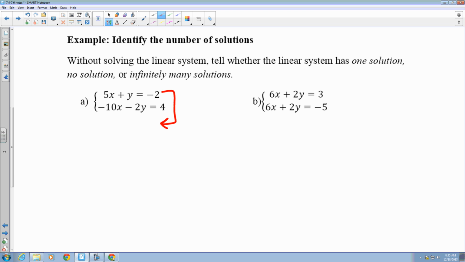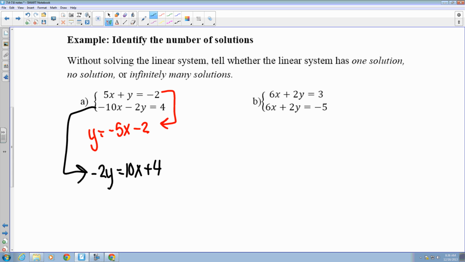So the top one, I'm just going to subtract that 5x and it's going to be done. The bottom one, I'm going to add the 10x, divide by -2. So we have the exact same equation. The red and the black are the exact same, so this is infinitely many solutions.